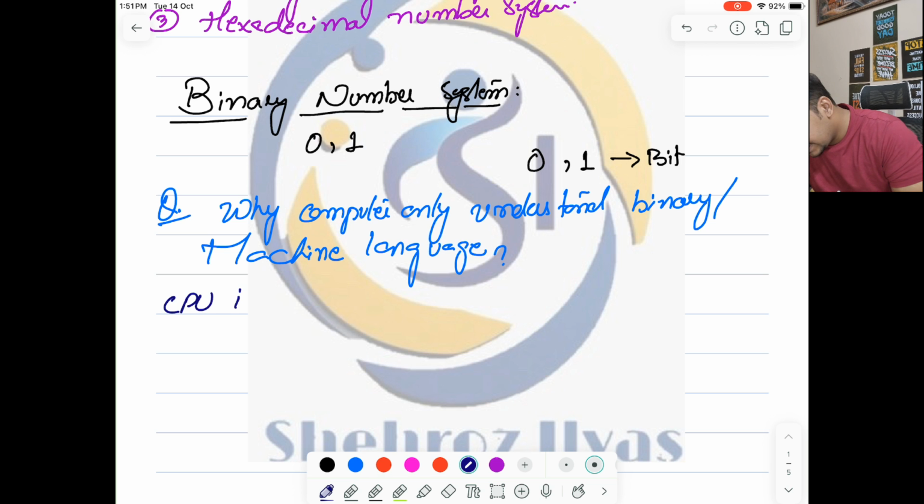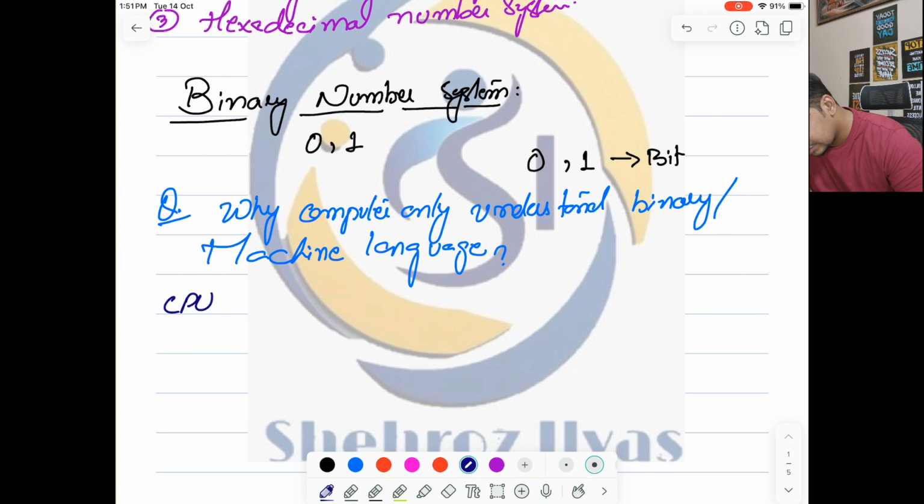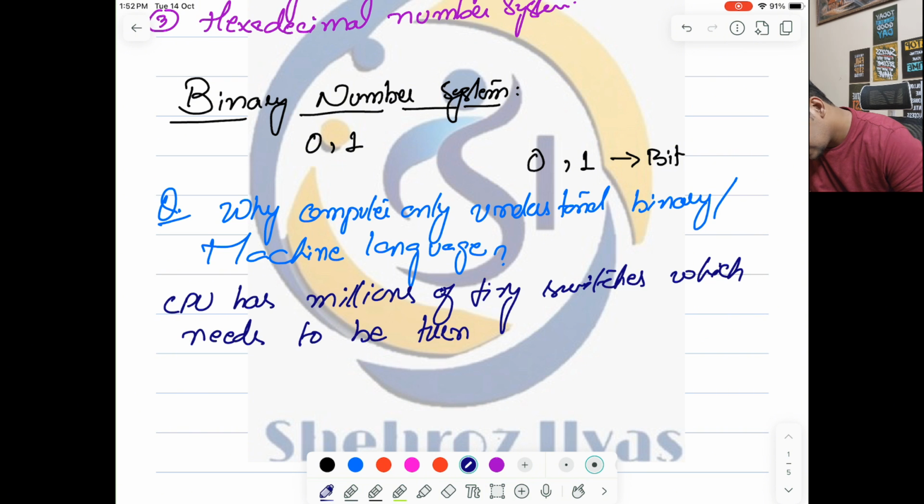So you write that the CPU has millions of tiny switches which need to be turned on or turned off, right?